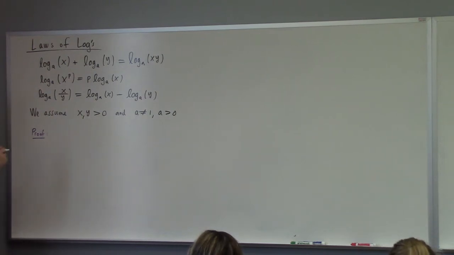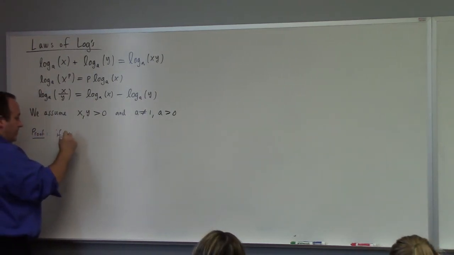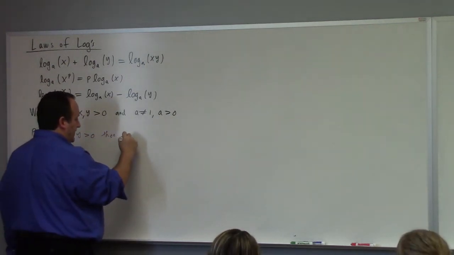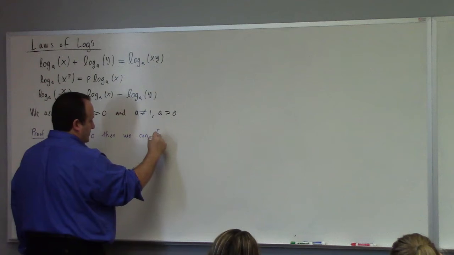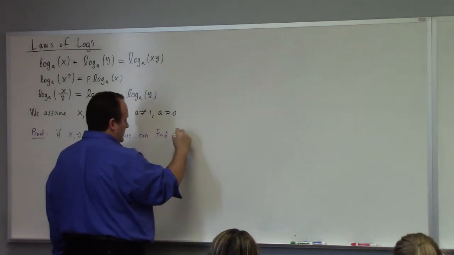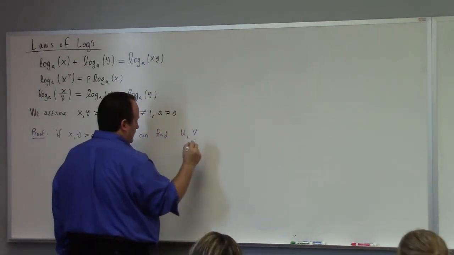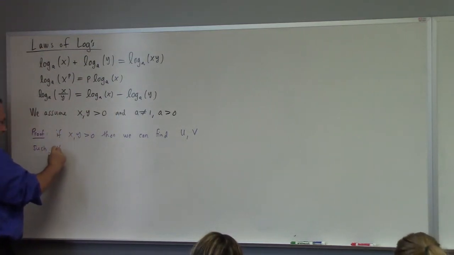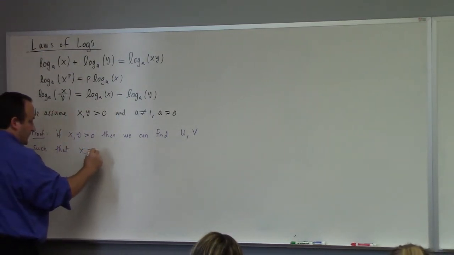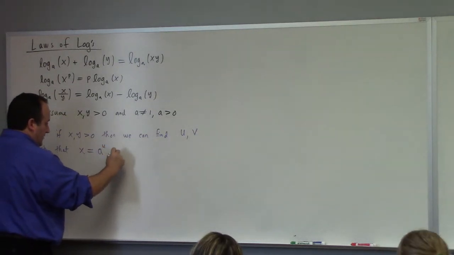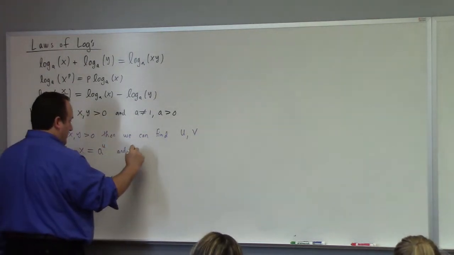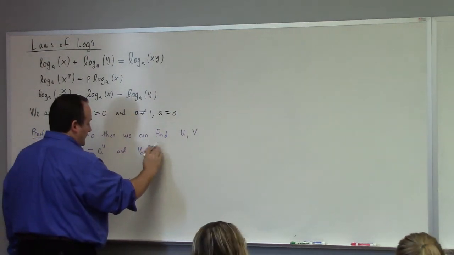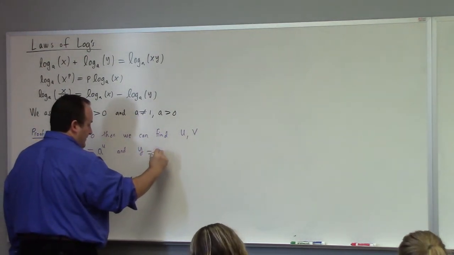If x and y are positive, think about this. That means we can find, let's say, u and v such that x equals a to the u and y equals a to the v.